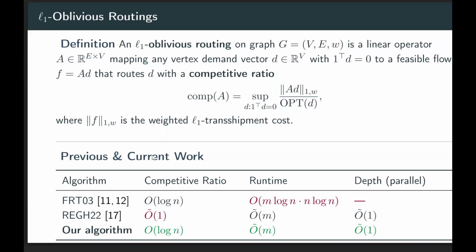Again, what do we have for current work? We have the FRT result, and in fact, any tree embedding already gives you a competitive ratio that is the same as the tree embedding. So for FRT, it's tight, but the runtime is very bad. So in theory, you could just take all the exponentially many tree embeddings that you get from the family of trees, right? Yeah.